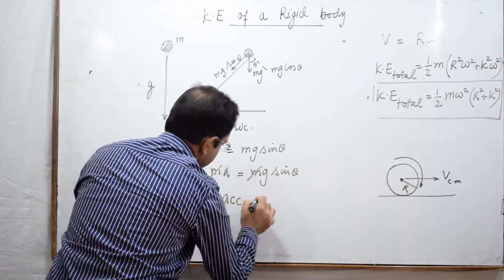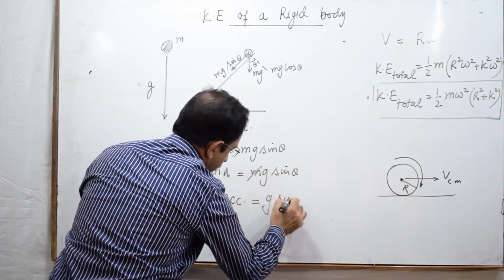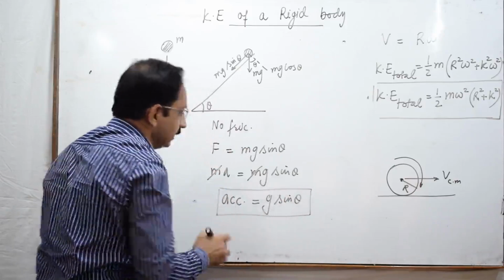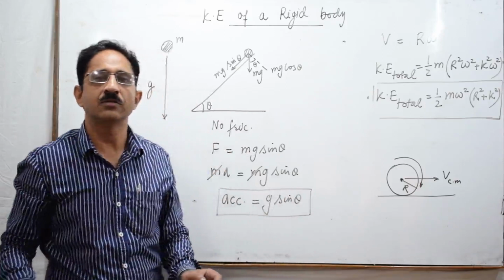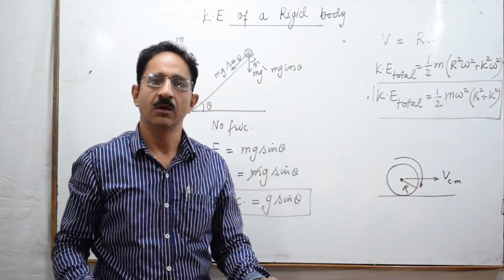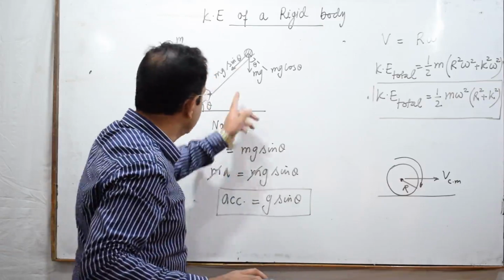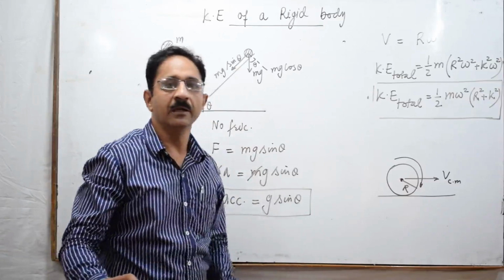I obtain that the acceleration of the body, which was earlier equal to g, has now turned into g sin theta. And g sin theta, as you see, is the acceleration of this body down the incline when there is no friction present between the inclined plane and the body.